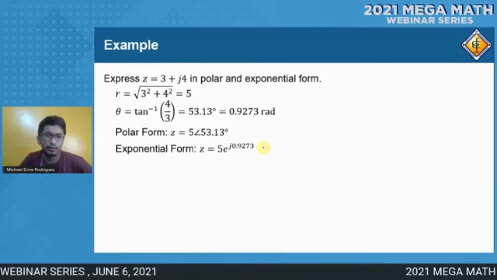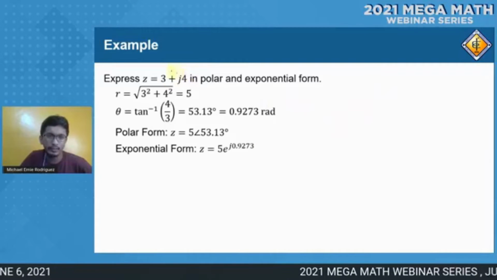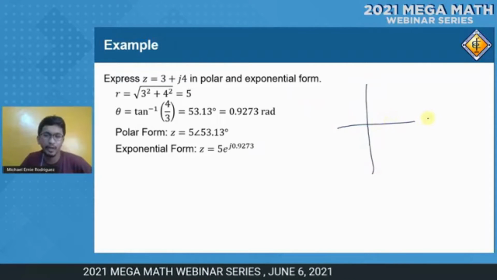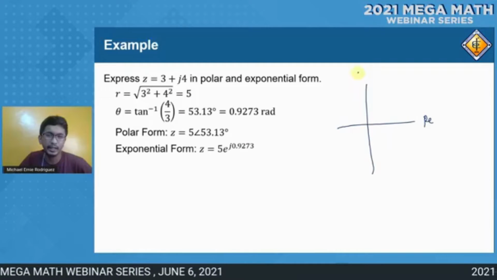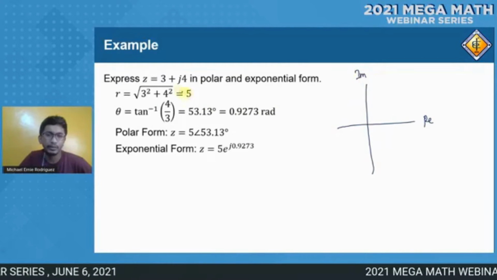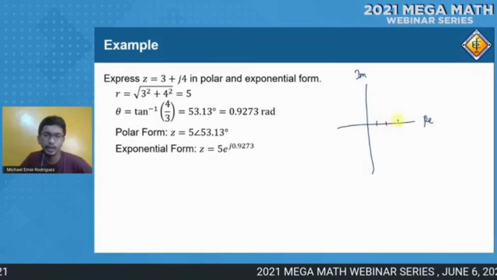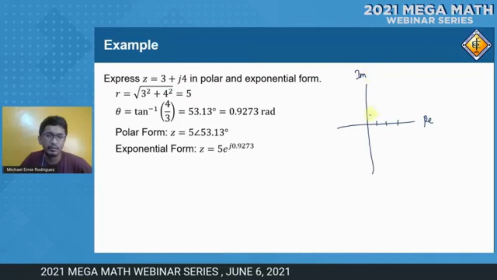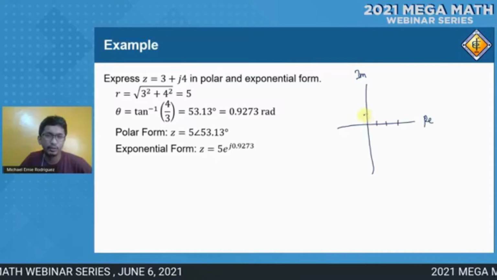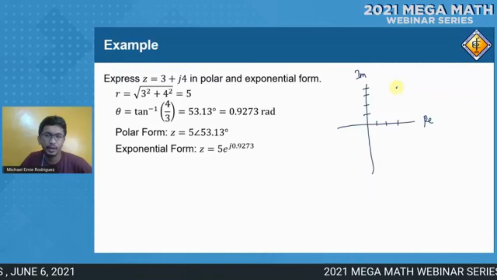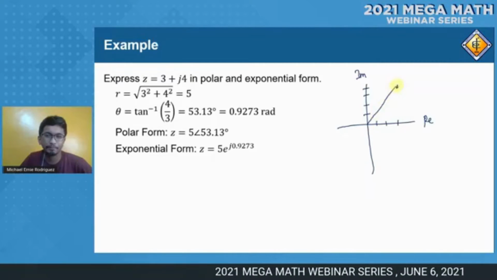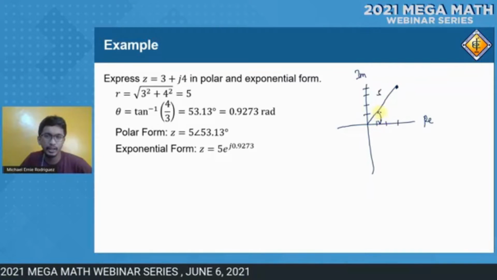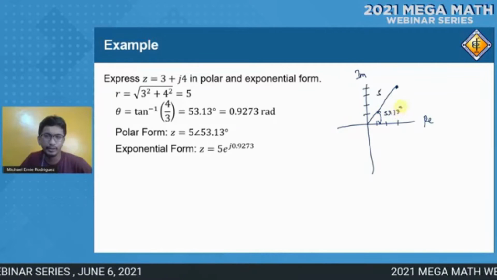If we look at the graph, this is in quadrant 1. We have the real part of your Argand diagram and the imaginary part. We have 3 on the real axis, like drawing on a Cartesian plane, and 4 on the imaginary y-axis. This is our 5, and the angle here is 53.13 degrees.